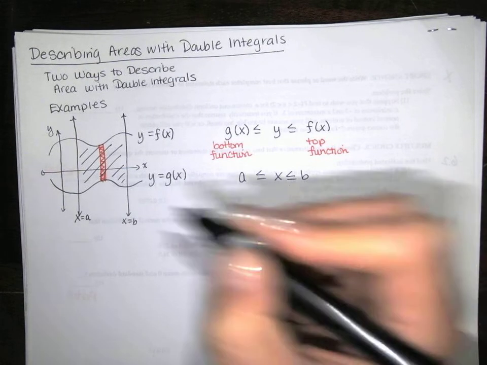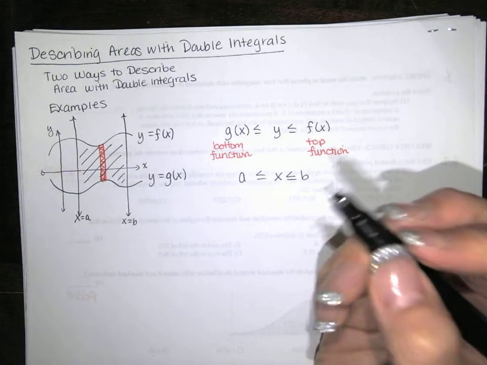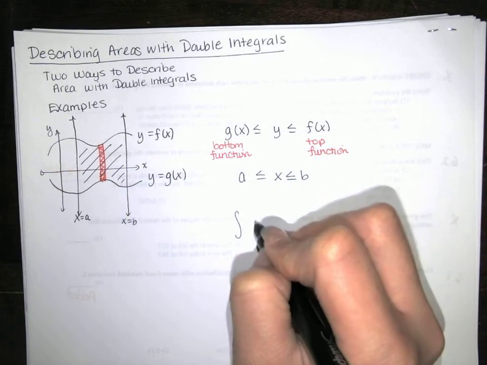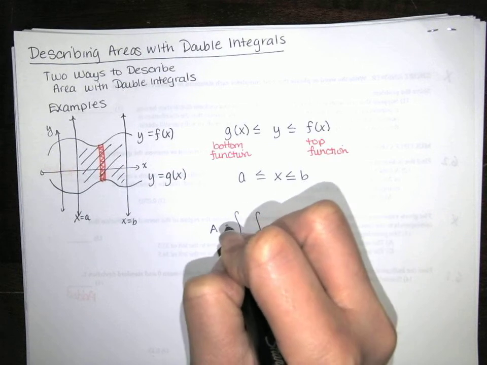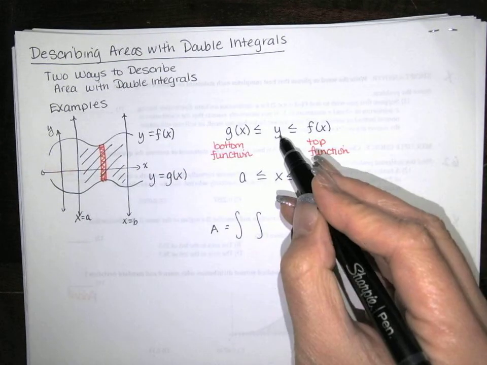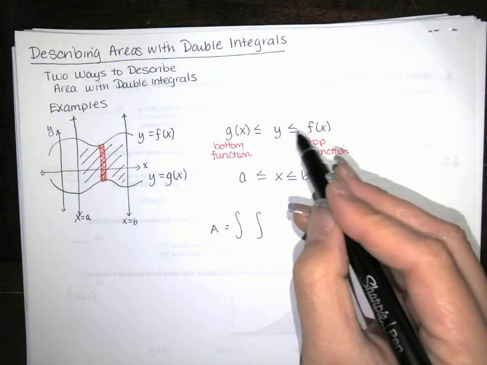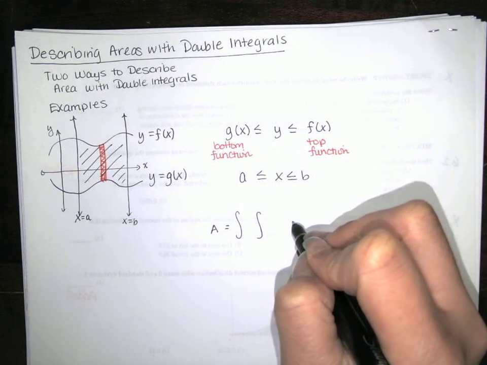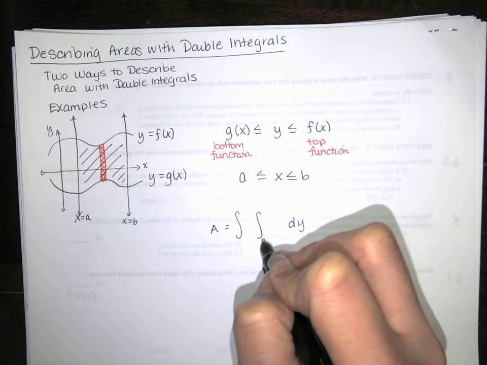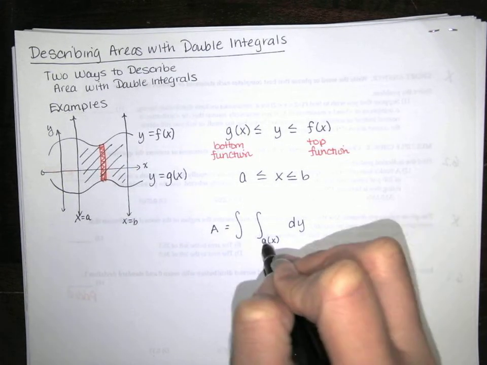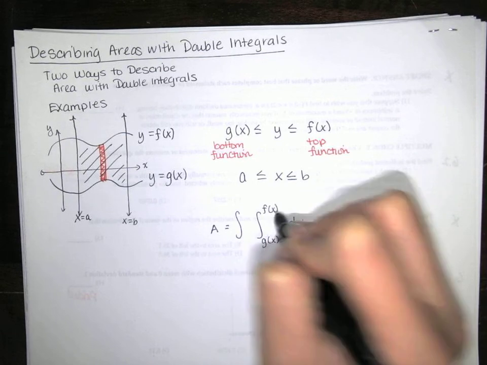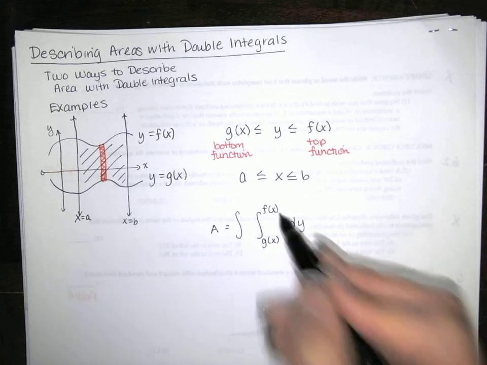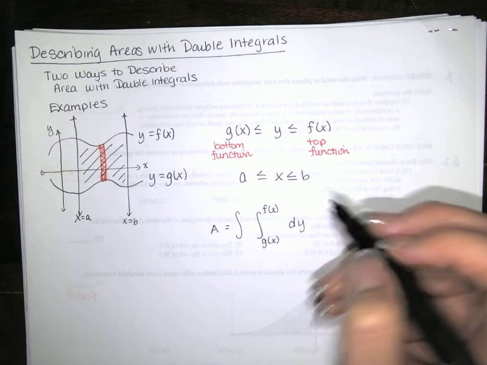If that's the case, and I want to represent this area as a double integral, I would integrate with respect to y first, because y goes from a function of x to a function of x. You go from the lower function to the higher function, bottom function to top function, and x goes from a constant to a constant.